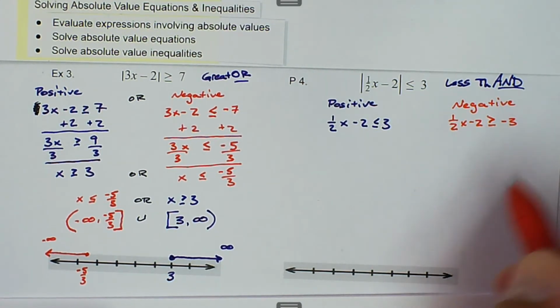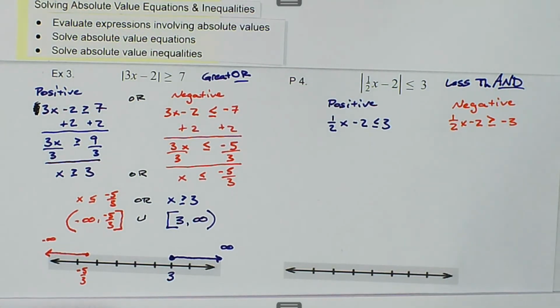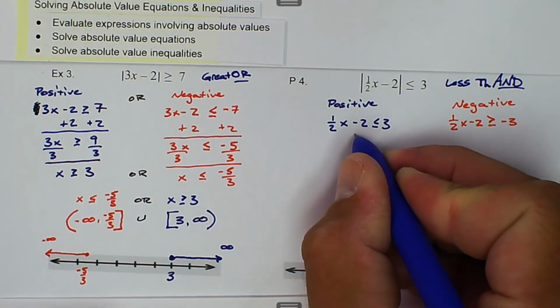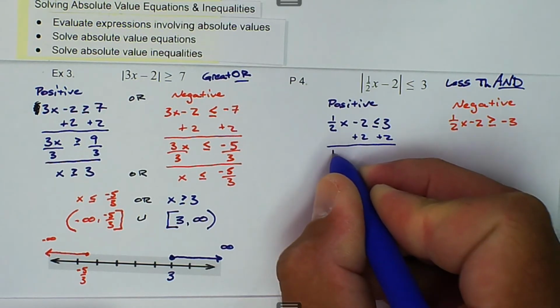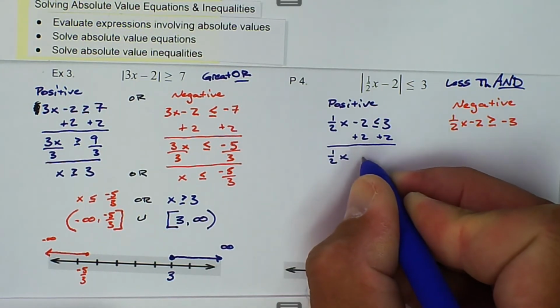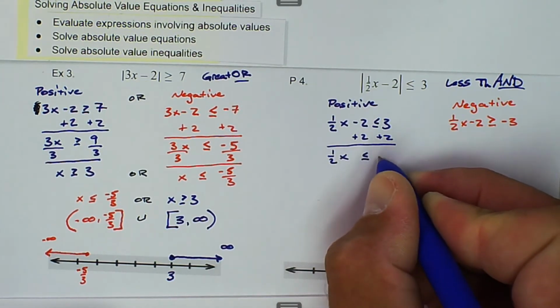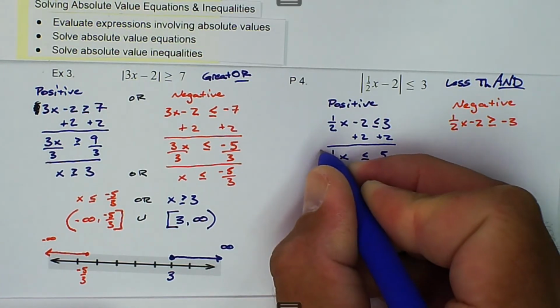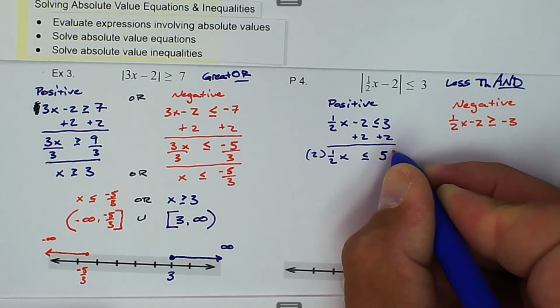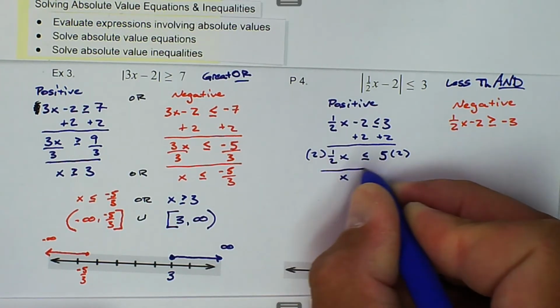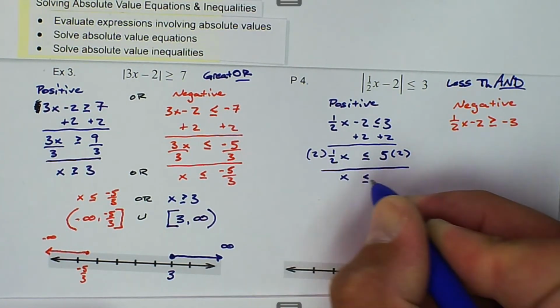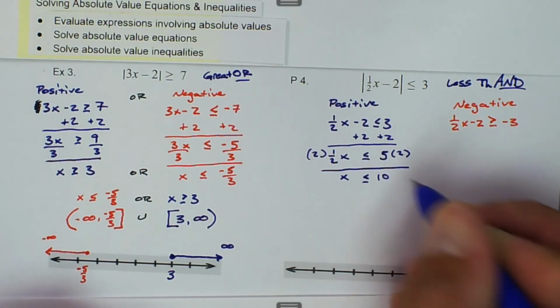So we have to change the direction of the inequality. Then we can go through and solve. First thing, we add 2 to both sides. 1/2 x is less than 5. Then we multiply both sides by 2. And then we get x is less than or equal to 10.